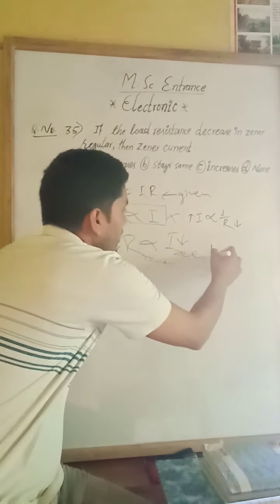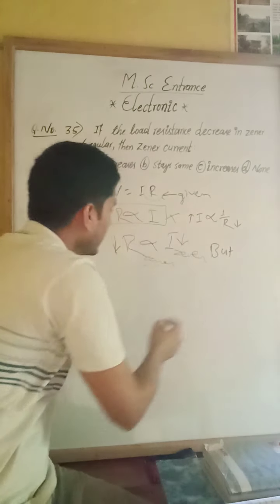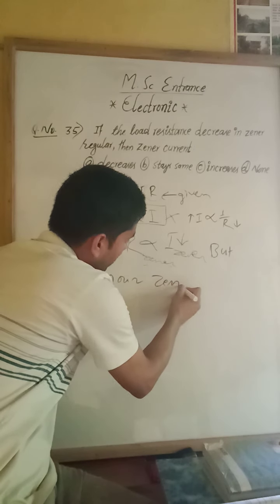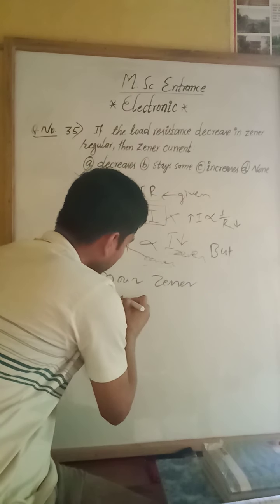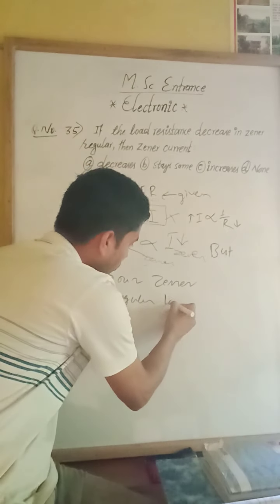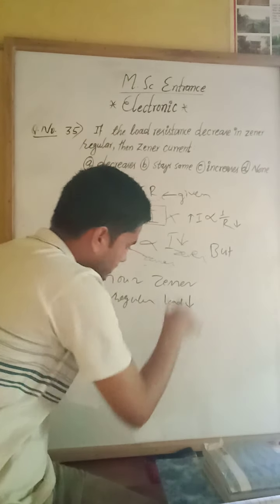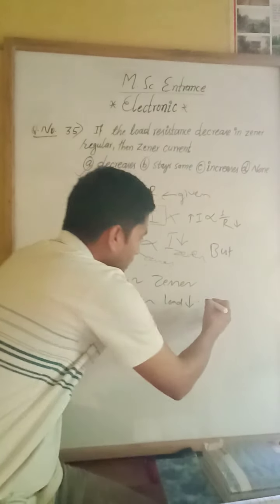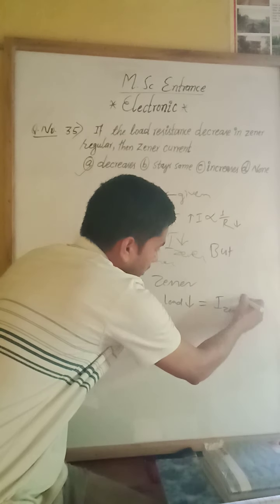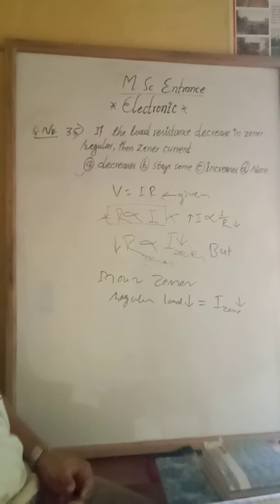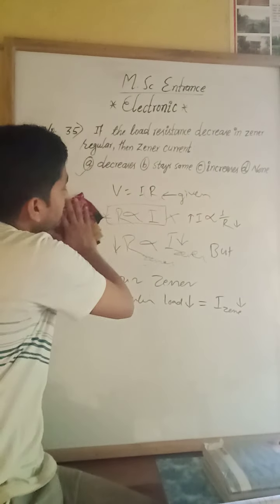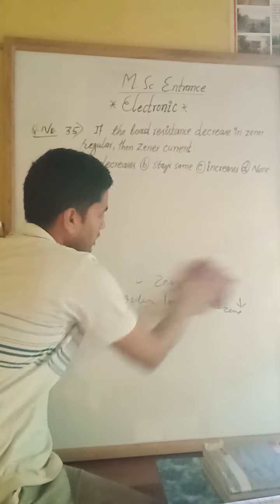But in our Zener regulator, if the load resistance is decreased, then it also decreases the Zener current. Okay, this is our first question of this session. Now I am going to write the next question.